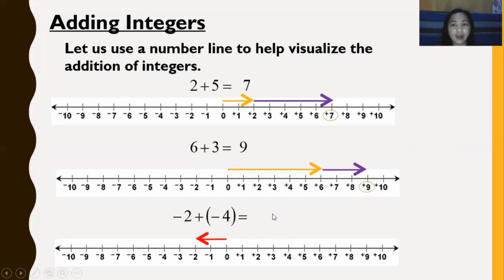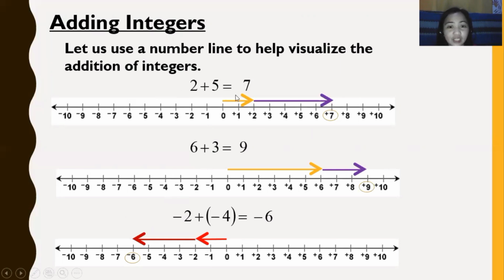Now we are going to add again negative numbers, and that is negative 4. From negative 2, we count 4 units to the left, and that is negative 6. Therefore, negative 2 plus negative 4, the answer is negative 6.